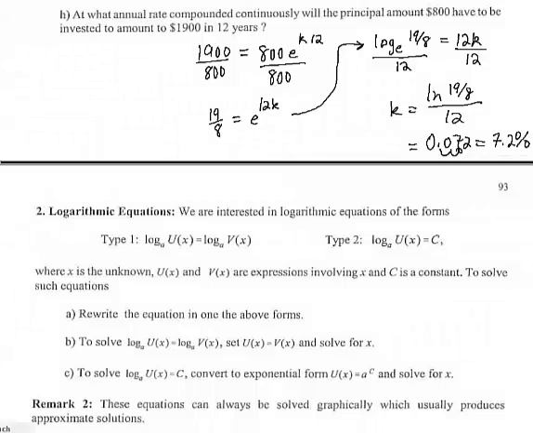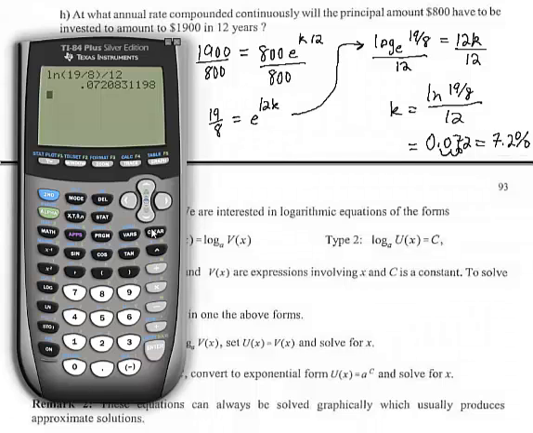Okay, if you wanted to solve this graphically, you can go to the Y editor. We would take this form of the equation, 19/8 would go into one line of our calculator.